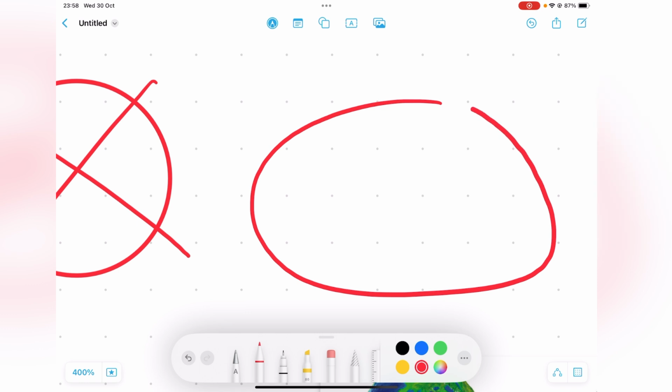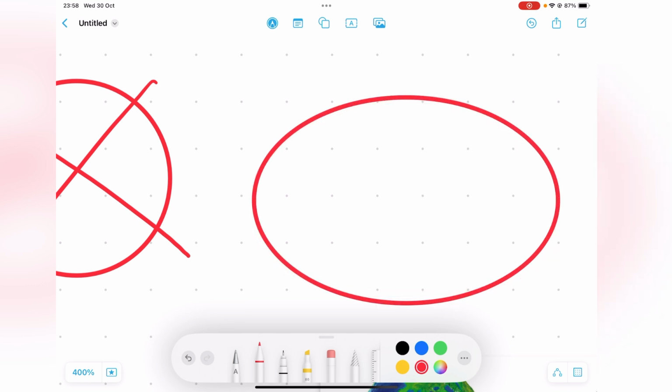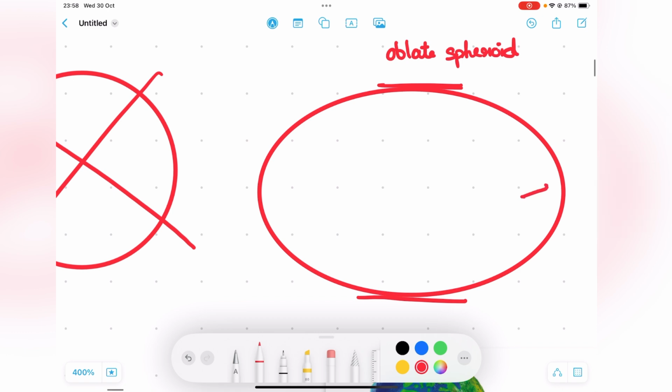If I were to draw an exaggerated figure, this is what it would look like. This is called an oblate spheroid, or an ellipsoid. So this is a sphere which is slightly flattened at its poles and slightly bulged at the equator. Why is this? This is because of the centrifugal force which is acting because of the rotation of the Earth, which was from west to east.